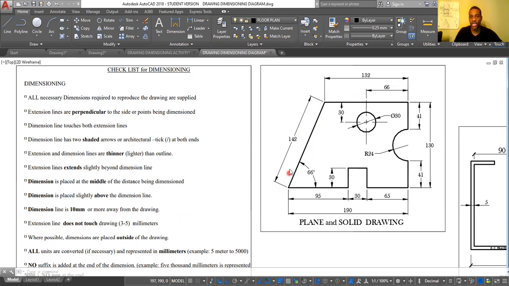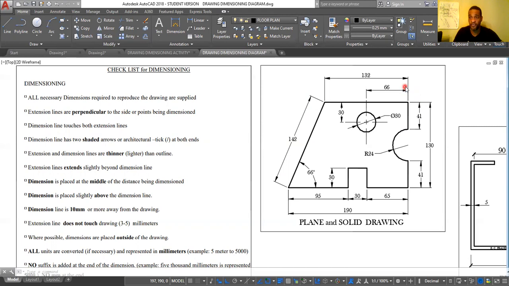In this case, we have a sloped side, and again, you'll notice that the extension line is perpendicular and the dimension line is parallel. Very important.